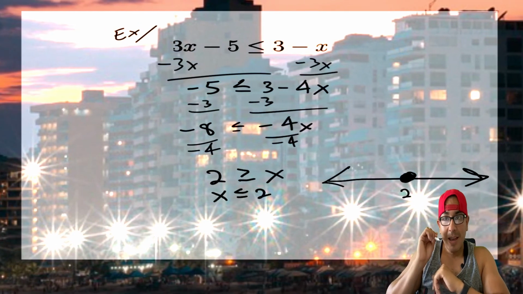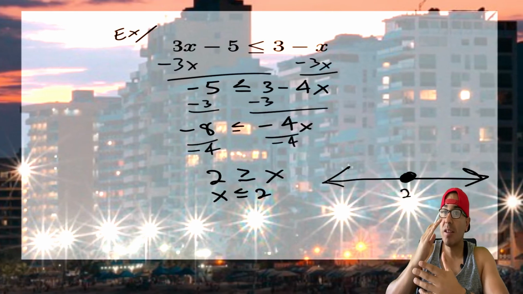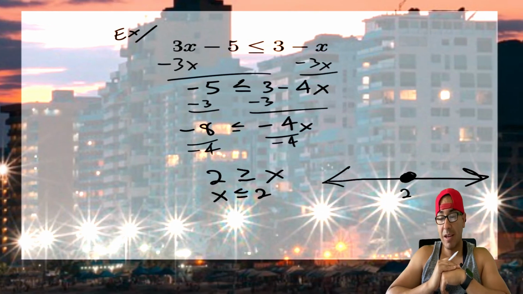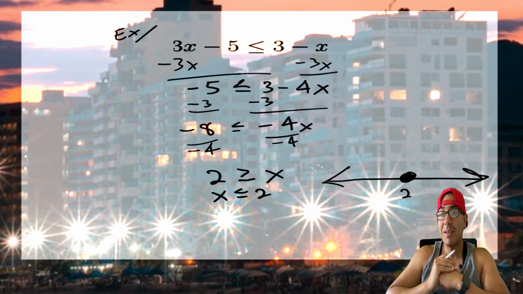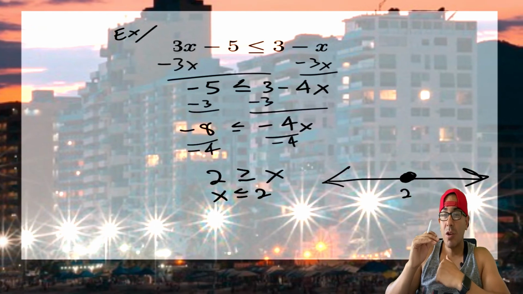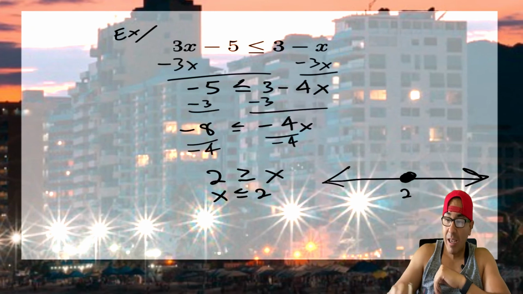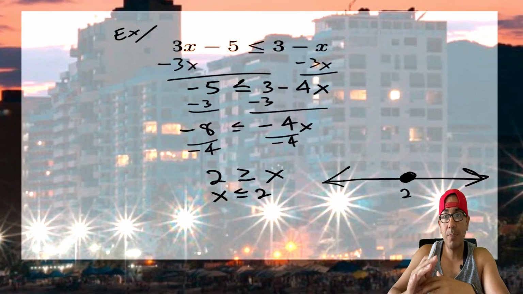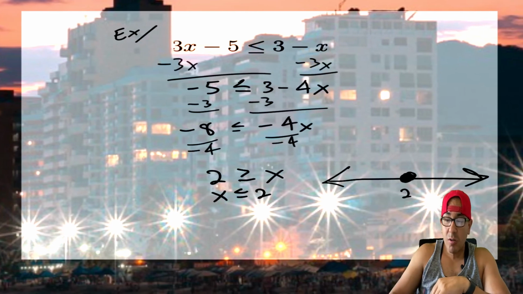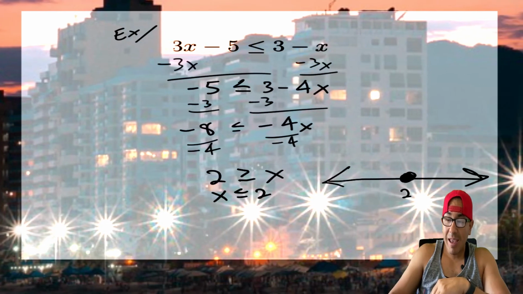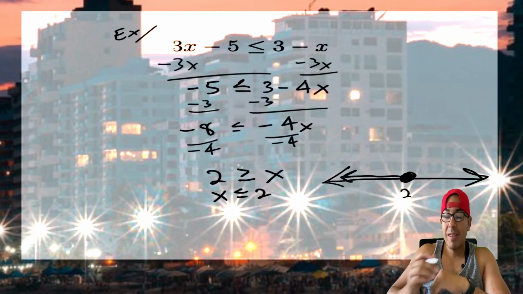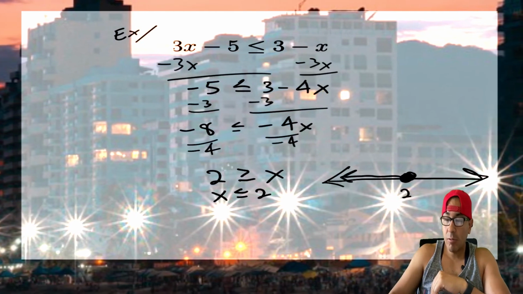So I'm gonna have a solid circle because it's equal to 2, and it says 2 is greater than x, so that means x has to be less than. You have to make sure you understand that logic and read this out loud. 2 is greater than x. So whatever x is, 2 is greater than it. That means x must be any of these numbers over here that are less than or equal to 2.